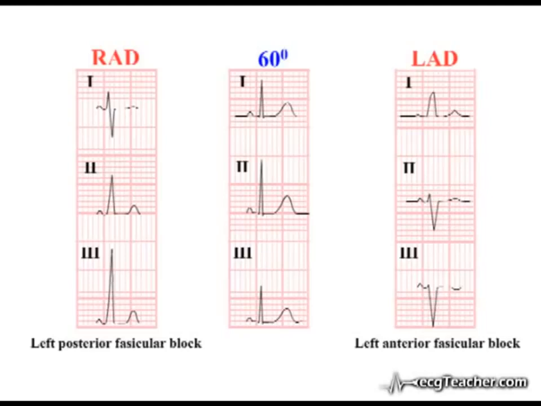For this reason, in axis deviation, the QRS duration tends to be in the upper limit of the normal range, between 0.1 and 0.12 seconds, and positive and negative components of the QRS complex in the individual leads separate to some degree.